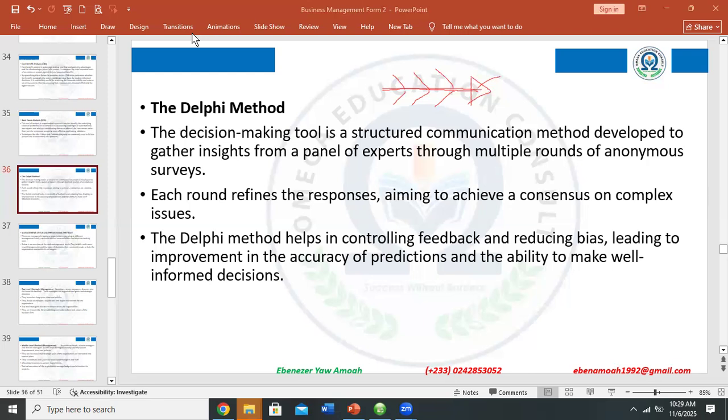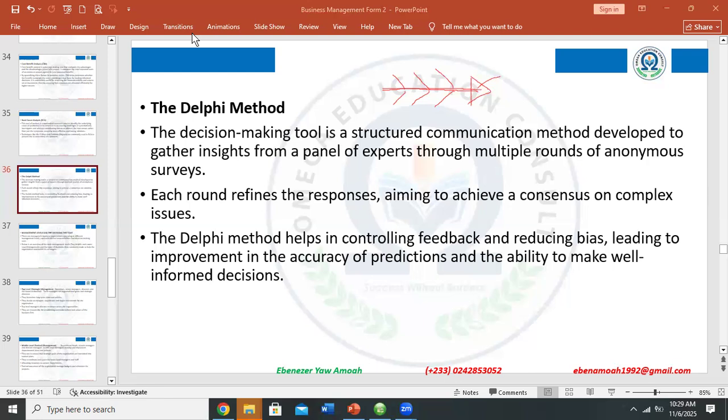So, I think what they're trying to say is that it's a structured decision making method to gather information from a panel of experts through multiple rounds of anonymous surveys. And a survey is like a gathering of people to give their feedback or opinion on something.